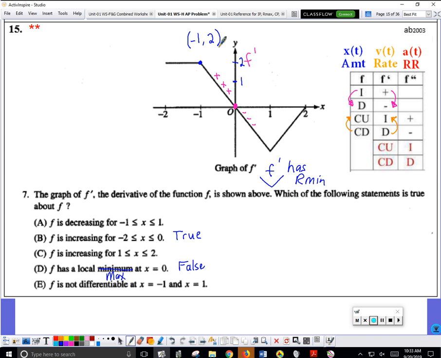This y-coordinate here of 2. Hallie already told us that it means f is increasing, but more specifically, what is this y-coordinate of 2 on the graph of f prime telling us, Julia? At the point x equals -1 on the f graph, the slope is 2. Can't say it better.